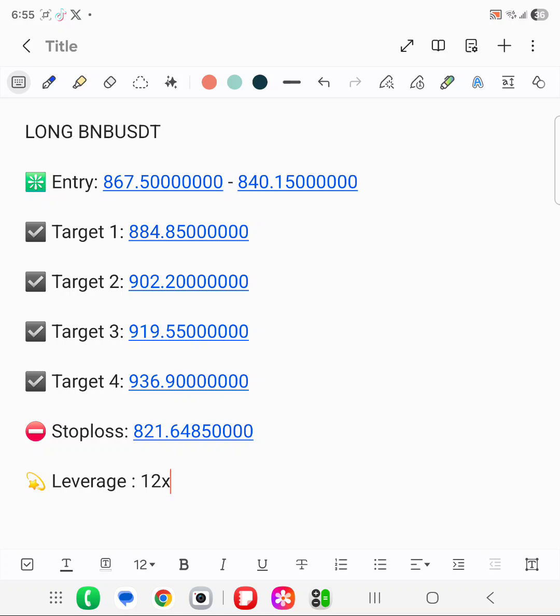But I'll be removing targets 3 and 4. I will just bring up targets 1 and 2, which I know will most likely hit, but I'm not promising. So this video is not for you to take any investment advice from me, because I am not a professional financial advisor. It's basically for educational purposes and for fun.